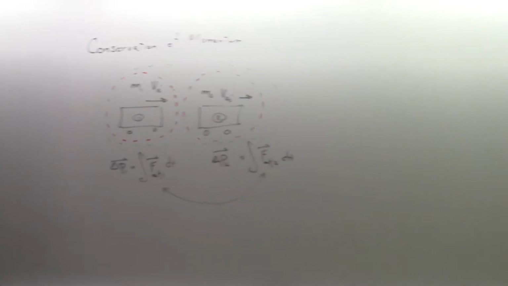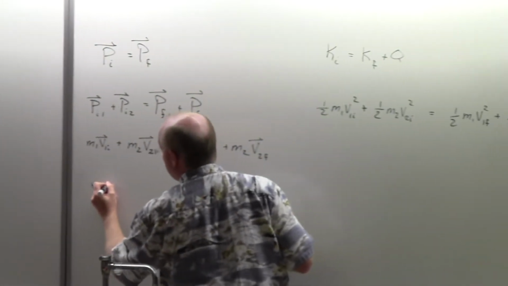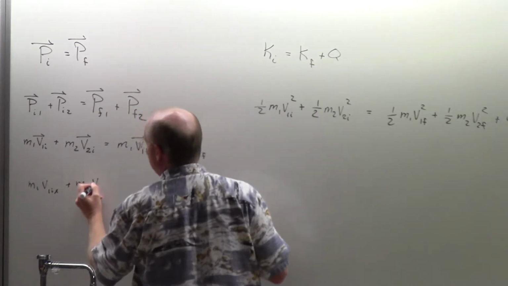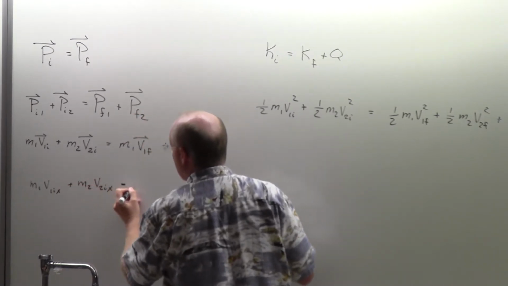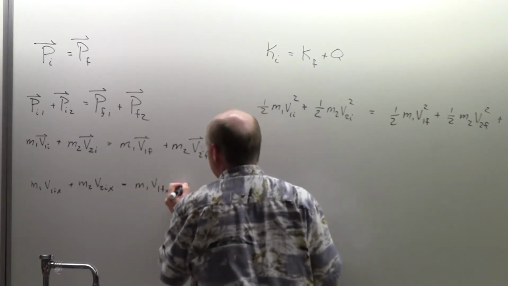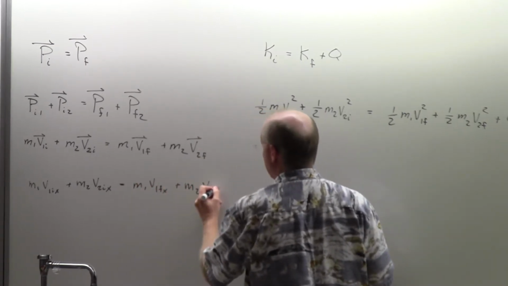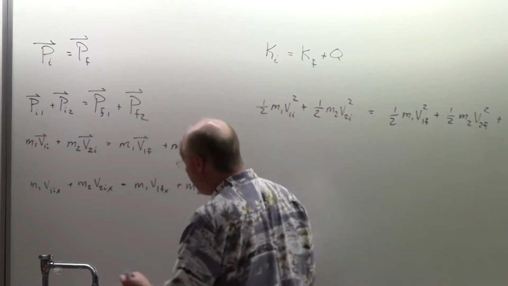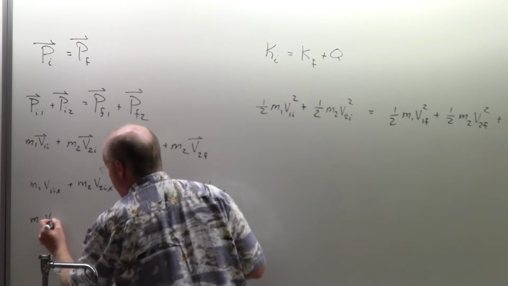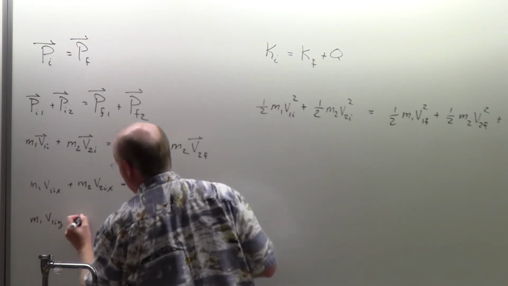That is, this is m1 v1 initial x plus m2 v2 initial x must equal m1 v1 final x plus m2 v2 final x. But please remember, since these are vectors, this could have a y component.